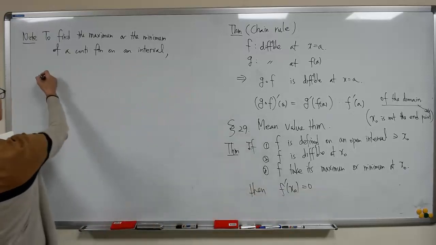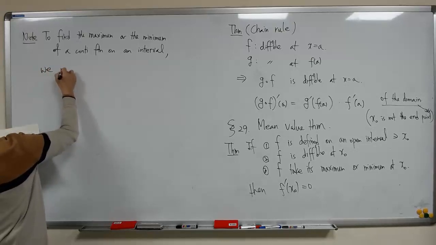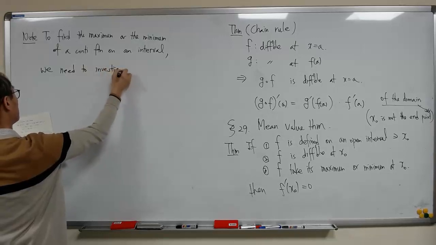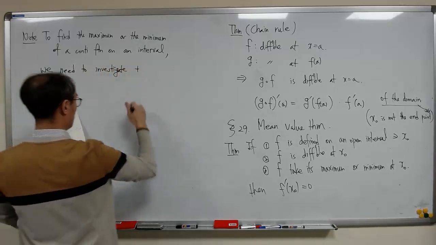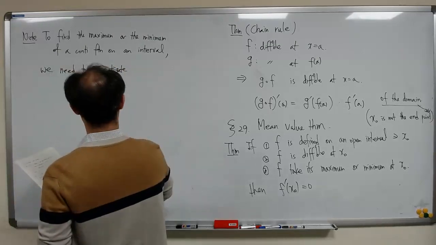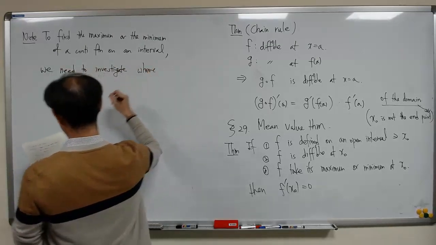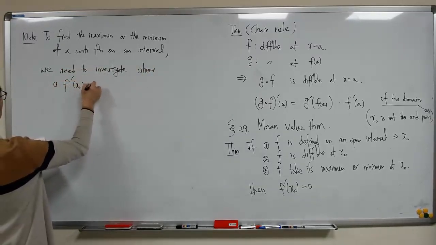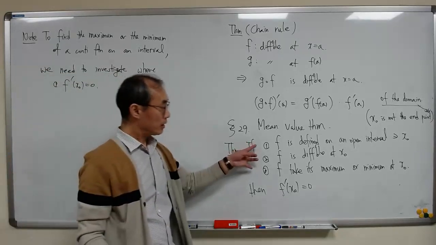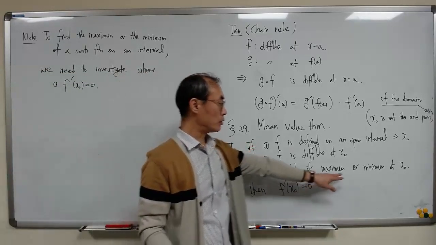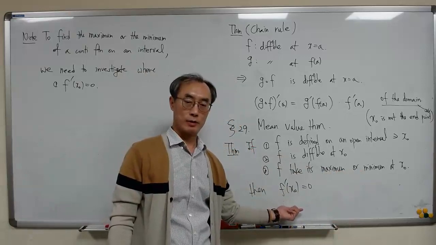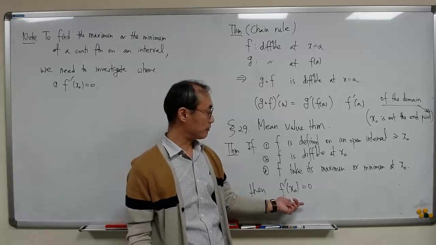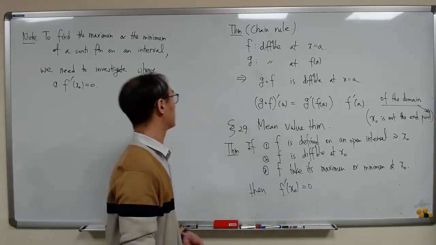So we need to investigate the points there, f prime. If you have all three of these conditions, the maximum or minimum point has vanishing derivative. So you need to investigate a point where its derivative is zero.